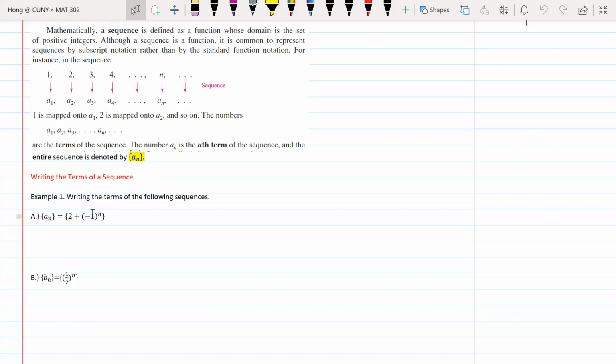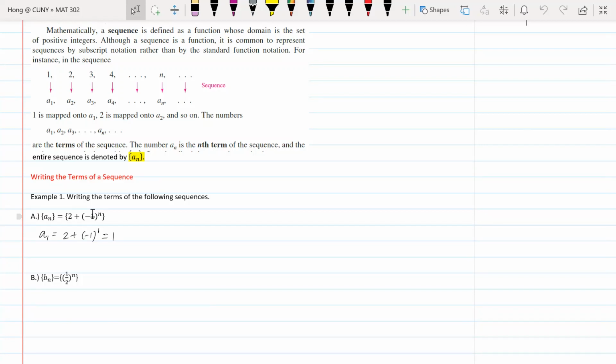We use a sub 1 to represent f of 1. A sub 1 equals 2 plus negative 1 to the nth power. Now n is 1, first power. Negative 1 to the first power is negative 1 itself, right? So 2 plus negative 1 equals 1.